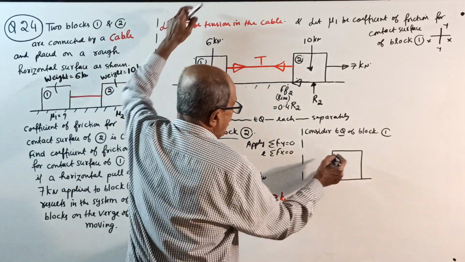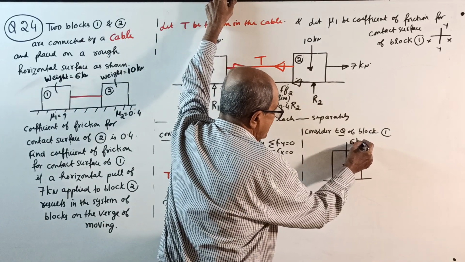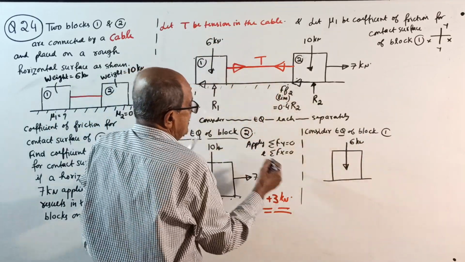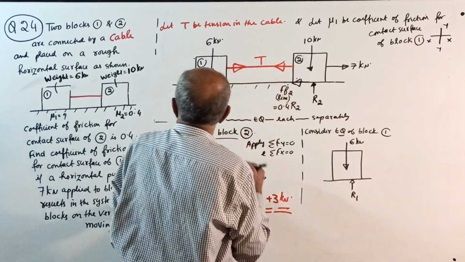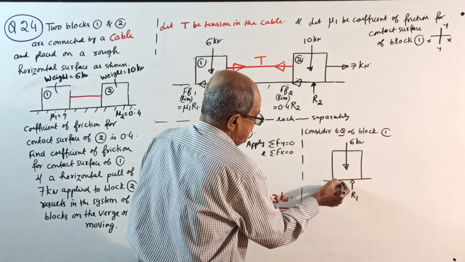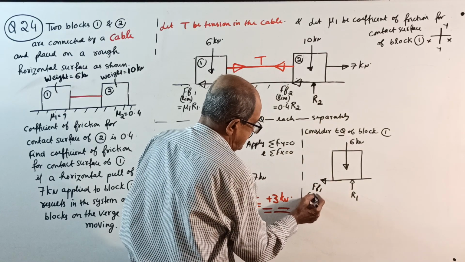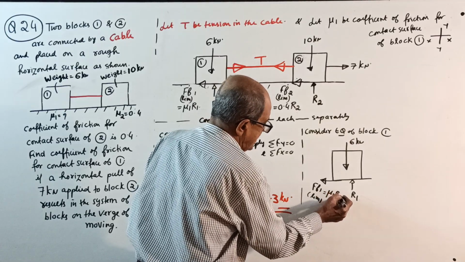One weight acts down of 6 kilonewton. I told you this was an exercise question, then 6 kilonewton. A normal reaction R1 and a frictional force FF1, FF1 limit equal to mu1 into R1.